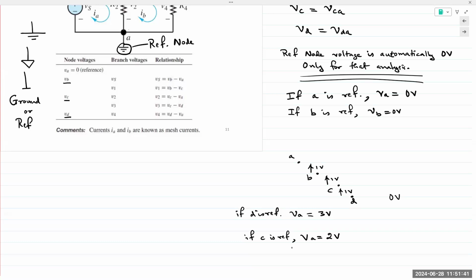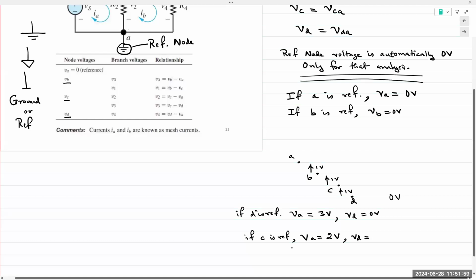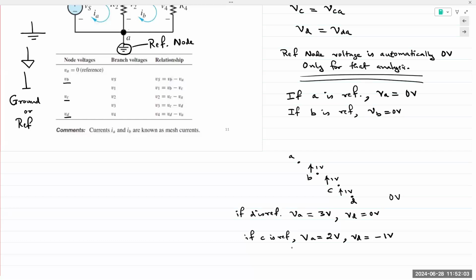That does not change. It is only mathematical analysis where I'm saying VC is 0 volts. So VA is only 2 volts. And more importantly, here VD is 0 volts, but here VD is minus 1 volt. Think on that. Let me know if you have any questions.